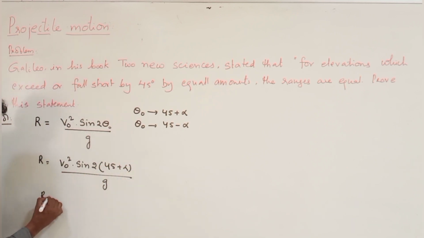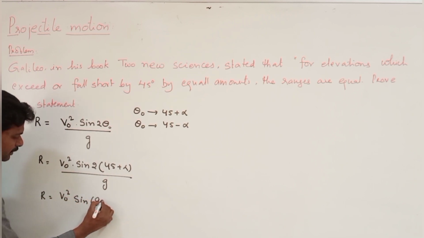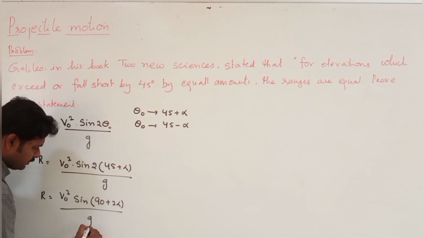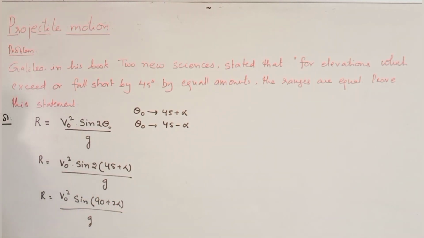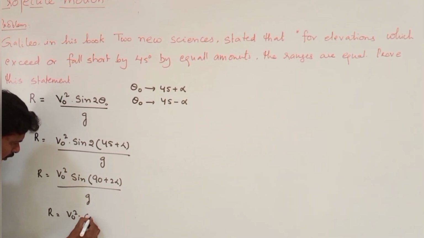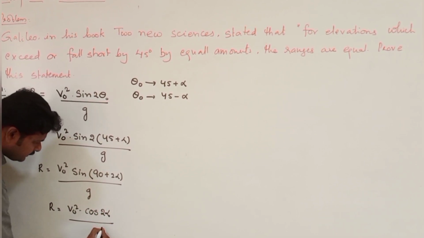You will get it as v naught square sin (90 plus 2 alpha) by g. Sin (90 plus theta) you can write as cos theta. R is equal to v naught square cos 2 alpha by g.